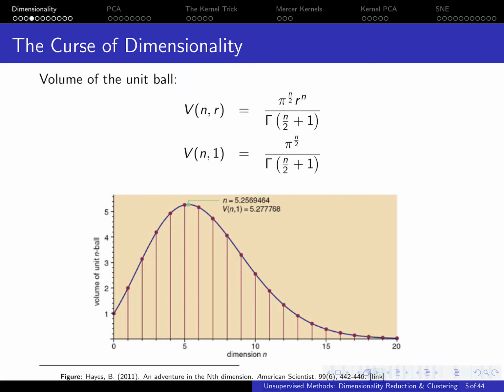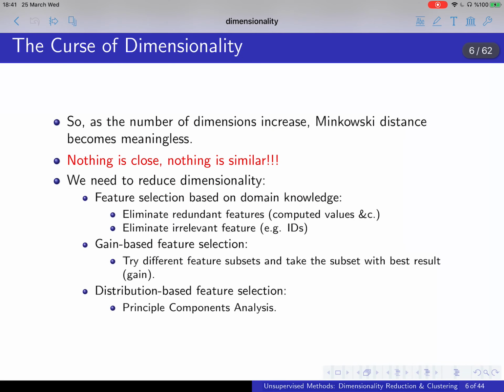It's difficult to determine similarity between data objects, between instances, which makes all the downstream stuff you're supposed to do, like clustering, classification, and what we're interested in, pretty difficult. So what we have to do is essentially figure out a way, when you have a very high dimensional data set, to get rid of those dimensions.